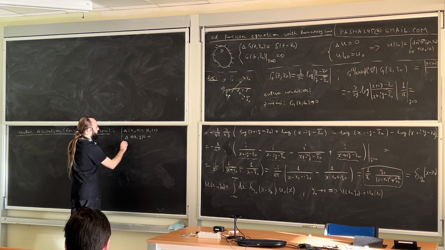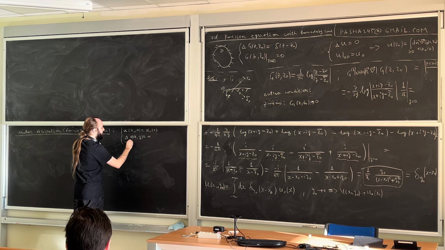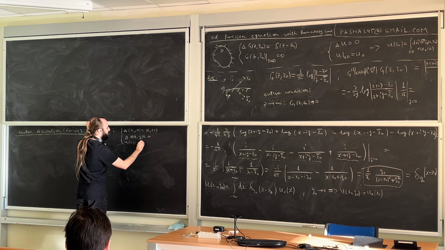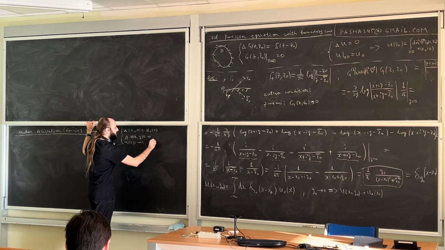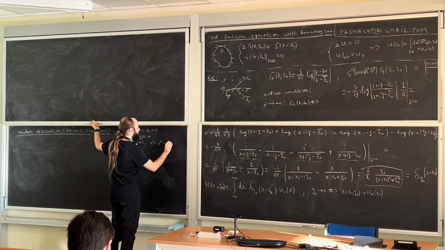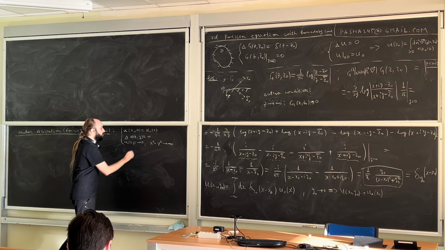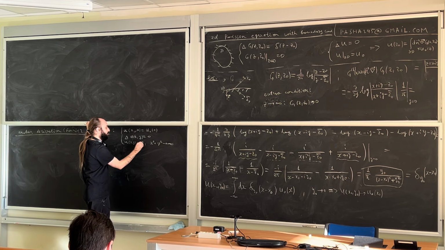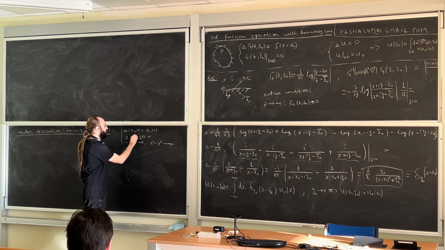And also u of x y goes to 0 when x squared plus y squared goes to infinity. It should be regular at infinity.